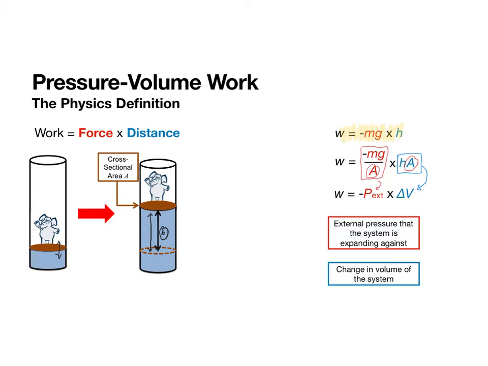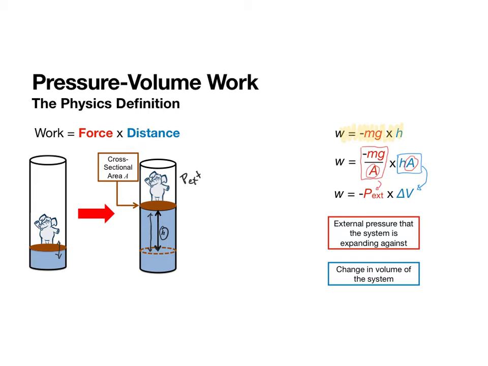Now, the key here is that this P is the P external. And so the P external is the pressure. Notice that there's not really a lid on here, or there is a lid and the pressure is from the elephant. Either one.